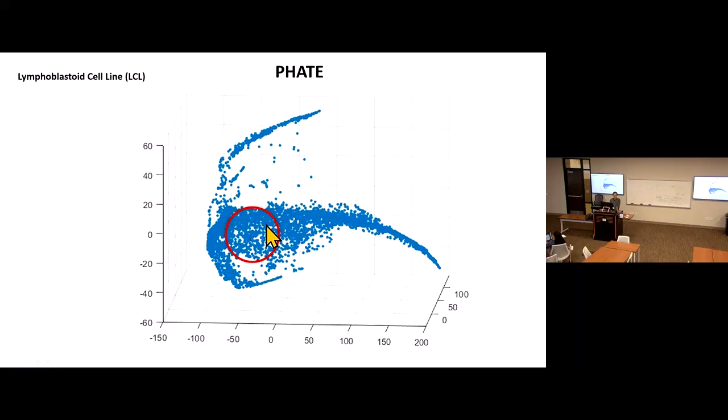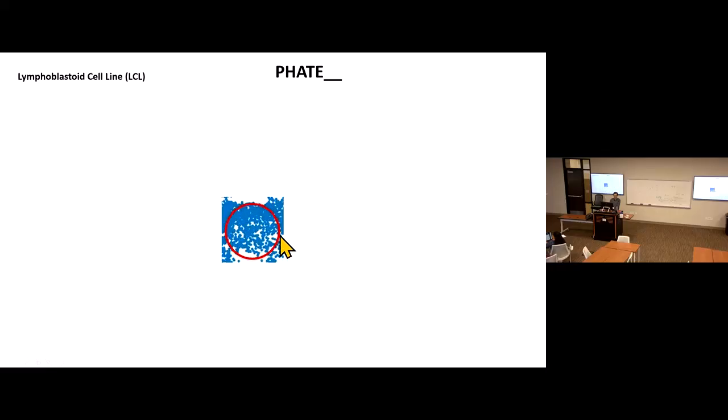Remember, these lymphoblastoid cell lines are basically B cells. We removed all the cell cycle cells, so only G1 phase. But you still see the arms and structures, but we only use cells inside this base circle here.